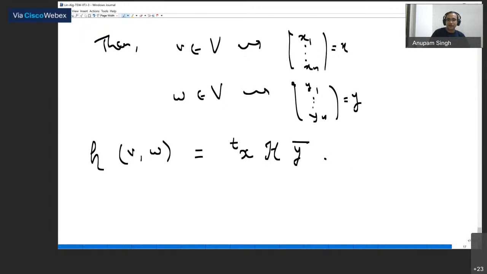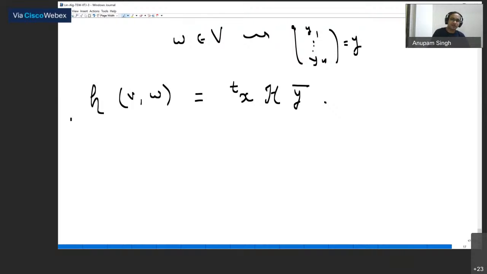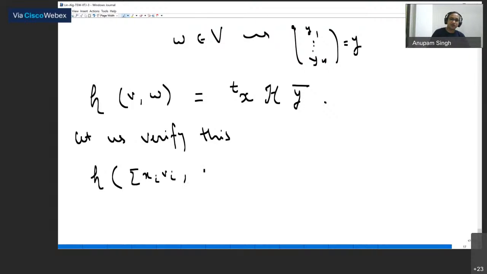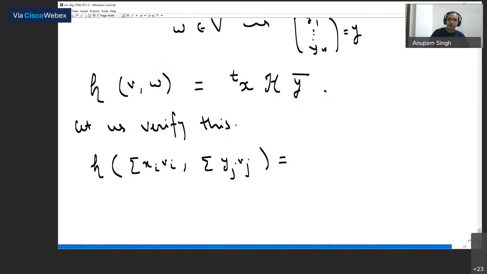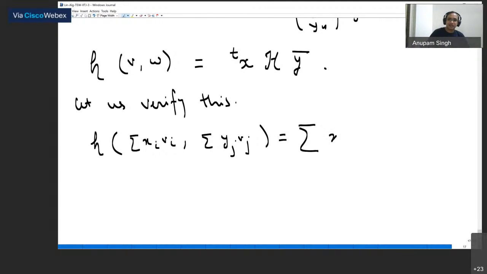Okay, let's verify this quickly. This is not difficult. H of V comma W: the coordinates of V are xi, so this is xi vi. The coordinates of W are yj, so yj vj. Now this is linear in the first coordinate, so the xi will come out, the sum over i equal to 1 to n, of H of vi comma the sum over j of yj vj.